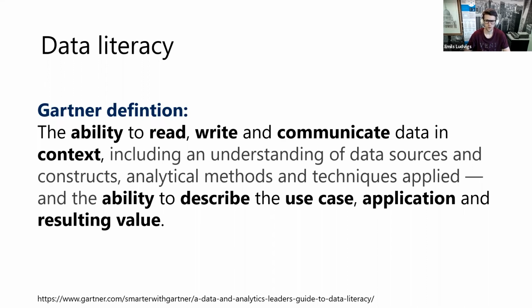The main objective is to describe the use case, describe the application, and finally result in value. And the value could be whatever the company defines it as. Also, not only companies, but also NGOs and power users. So this is the Gartner definition of data literacy.